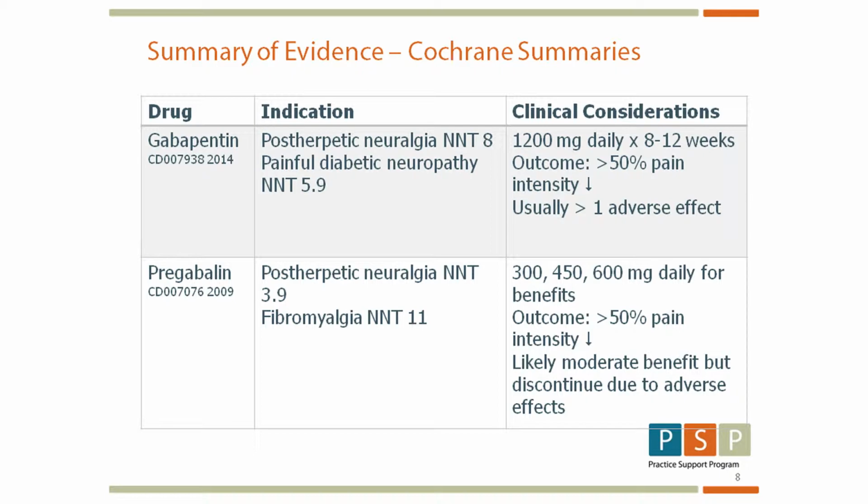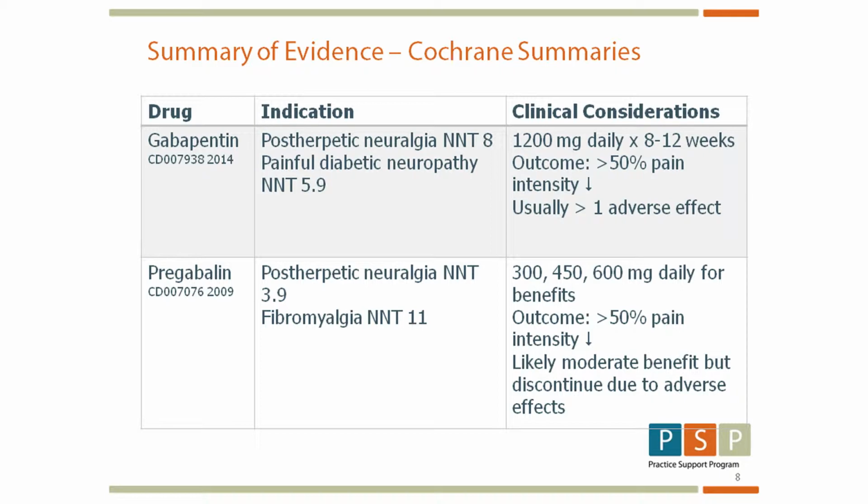Pregabalin is a brother of gabapentin, and for some of those who don't tolerate gabapentin, sometimes they can tolerate pregabalin better. Also, there's a cost factor in relation to these two medications and how you choose to use them. Gabapentin's onset of pain relief is a little slower than pregabalin, so pregabalin may be one that you trial first with ones where you need to see a faster effect.